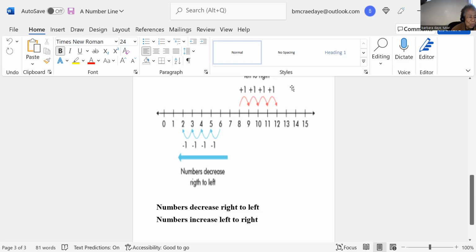From 2 to 14 is how many places? 14 minus 2 is what? This is mental math. 14 minus 2. What's 2 from 4? 2. So it's 12 then.